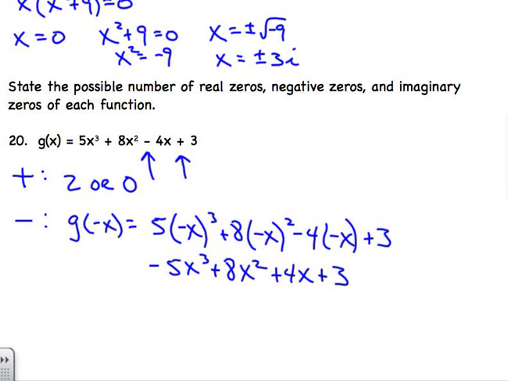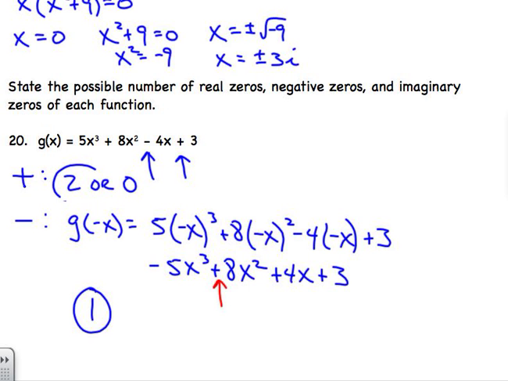When you're done simplifying, we're looking for the same sign changes as we did before. Our polynomial starts off as negative 5x cubed, but then becomes positive 8x squared. Stays positive for 4x, stays positive for 3. So how many negative zeros might there be? 1.